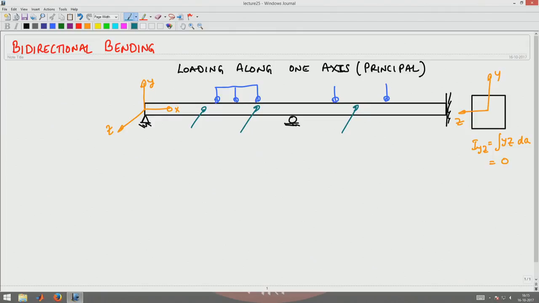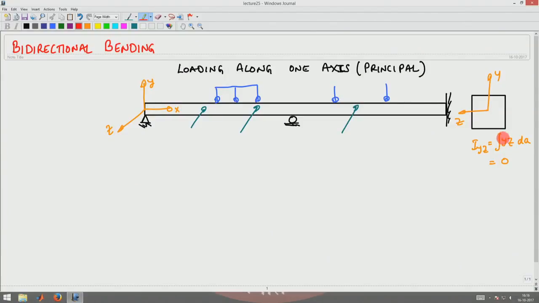Then we will see how you analyze such a scenario. Also, in all these cases that we considered till now, the cross moment of inertia IYZ, defined as integral yz dA, was 0. Okay. It need not always be true for some oriented axis.